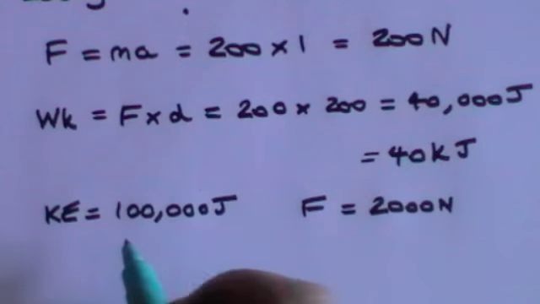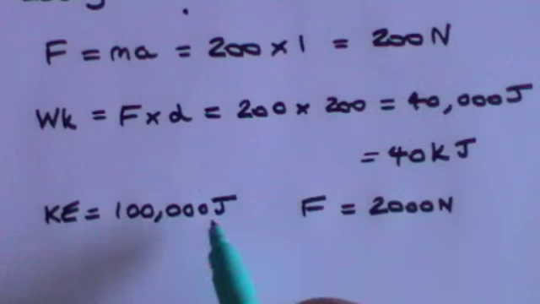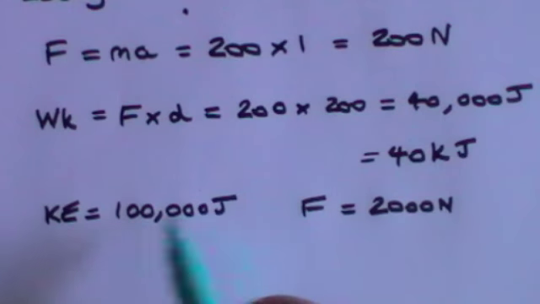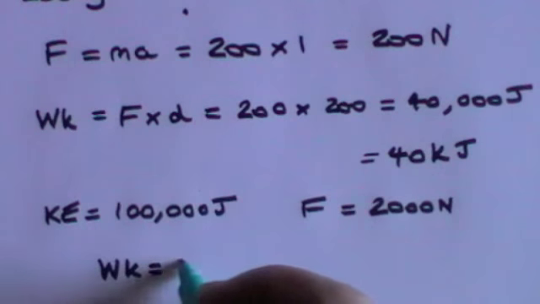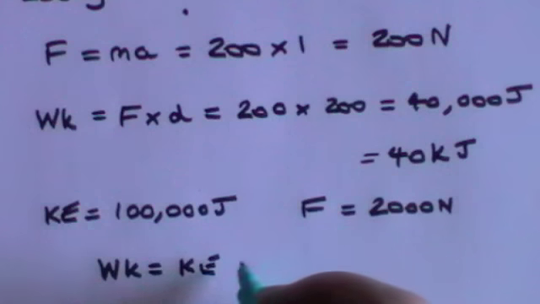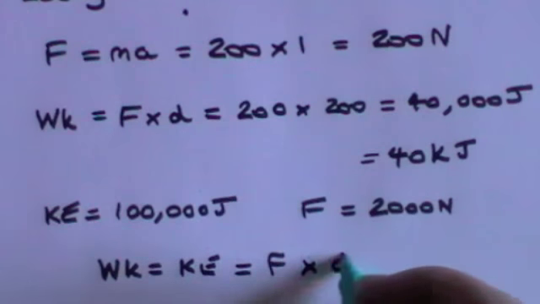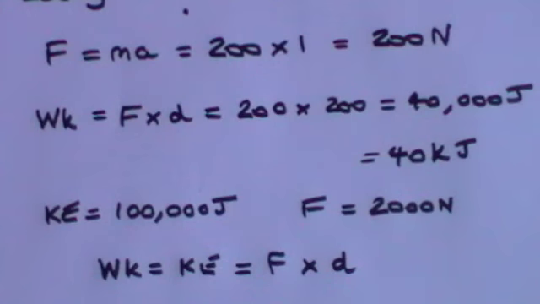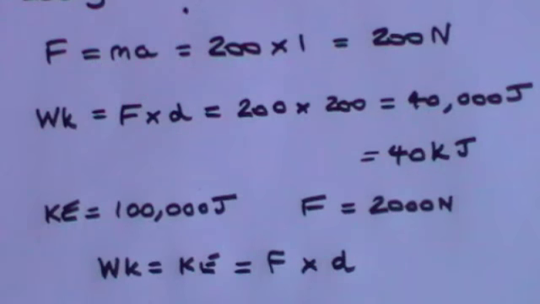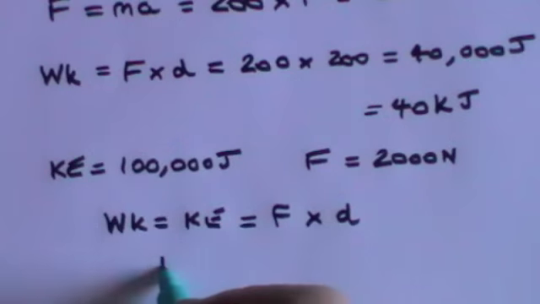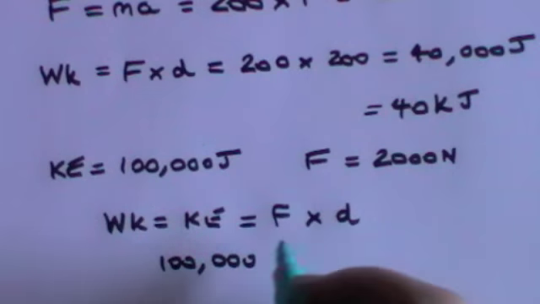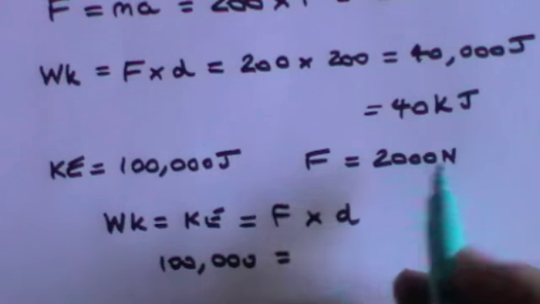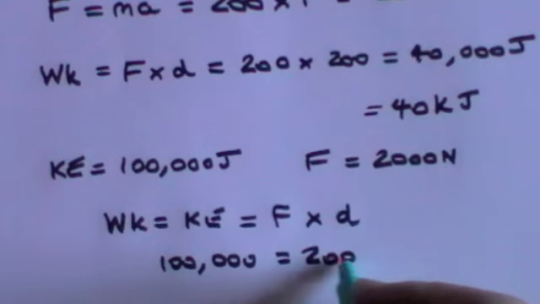Well, we have got to do work to take that kinetic energy away. So the work will equal the kinetic energy, and that equals force times distance, because work is force times distance. The kinetic energy is 100,000. We've been given that. The force we know is 2,000 newtons. We were given that.